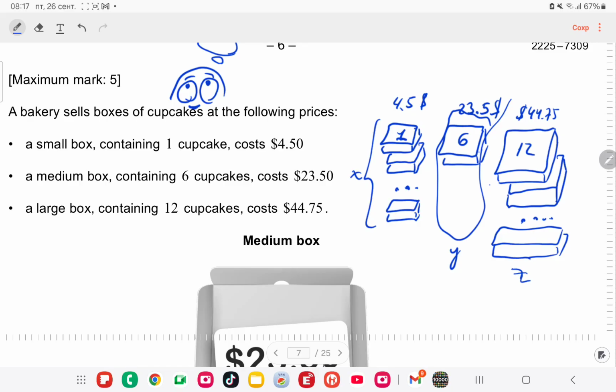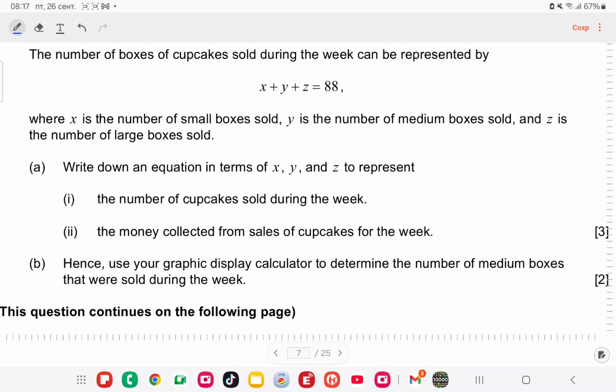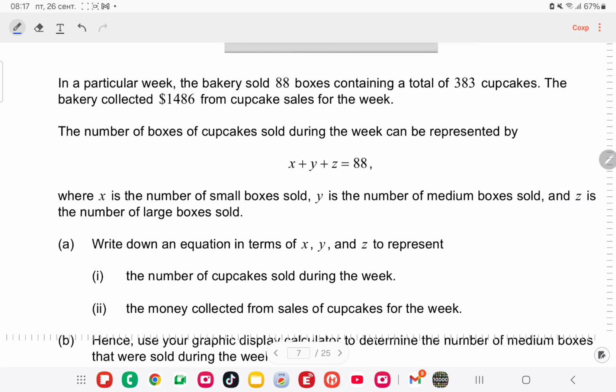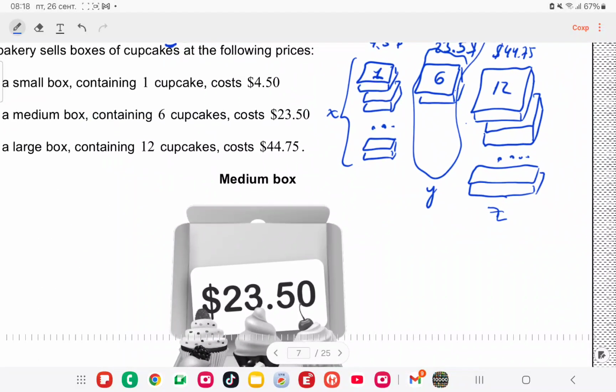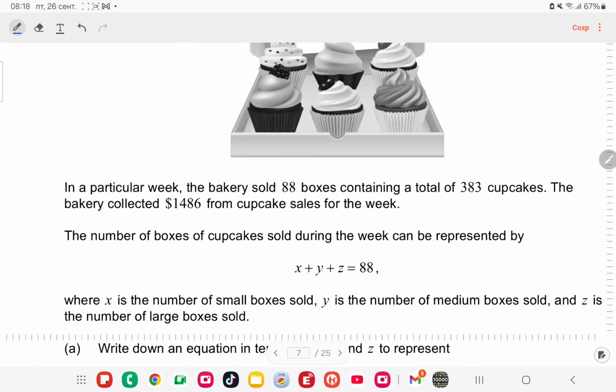Okay, now let's construct. First, question A1 asks about the number of cupcakes sold during the week. In the small box we can put only one cupcake, so 1x, plus 6 cupcakes in each medium box, and the number of boxes is y, plus 12 cupcakes in each large box, with z boxes. In the particular week, the bakery sold 88 boxes and 383 cupcakes.